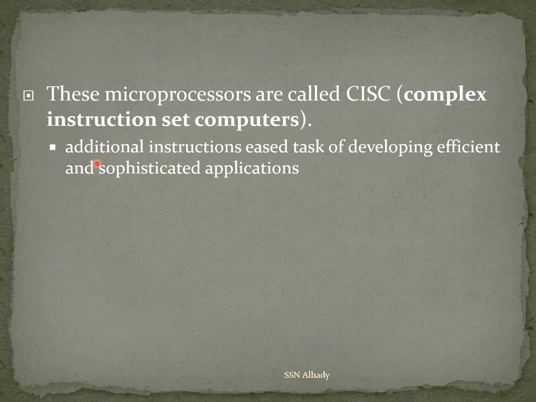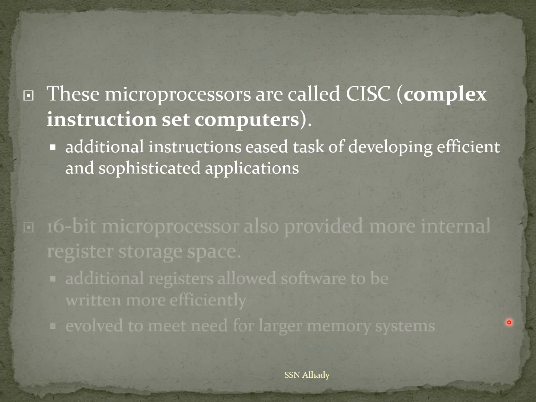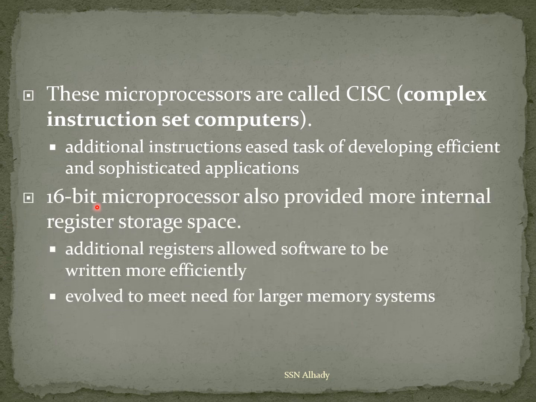Okay, additional instructions are meant for developing efficient and sophisticated applications. This is true for high processing instructions if you are going to use them. The 16-bit microprocessor also provides more internal register storage.